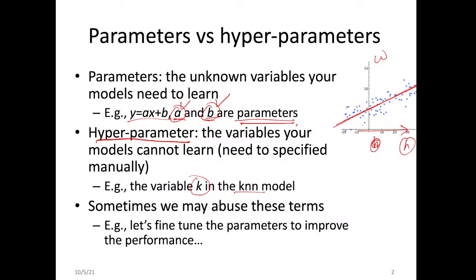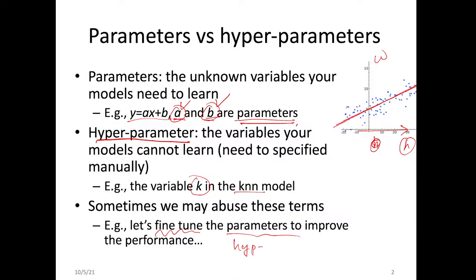But even having said that, sometimes we may abuse these terms. For example, in conversation, we might say, let's fine-tune the parameters to improve the performance. If we want to be very careful, this should be hyperparameter, not parameter, because hyperparameters can be fine-tuned by human beings, but parameters are decided by computers, so they cannot be fine-tuned by us.